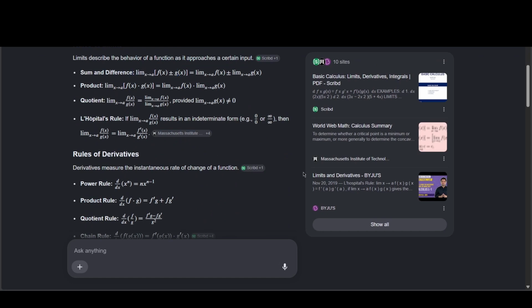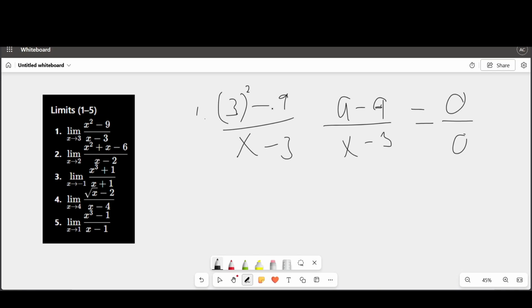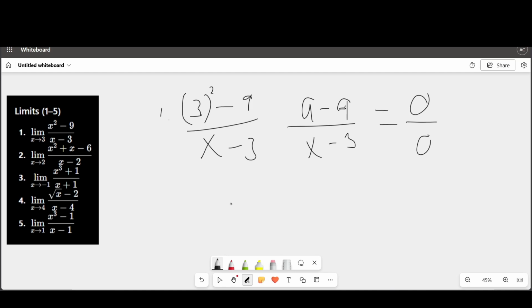I don't really know what the rule is called, but I know that you have to factor this. In order to get negative 9, what multiplies to negative 9 is basically just, I believe, this.